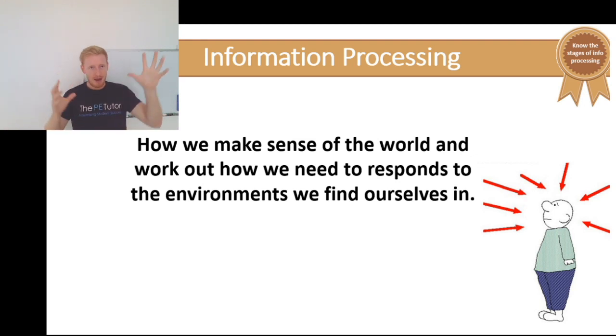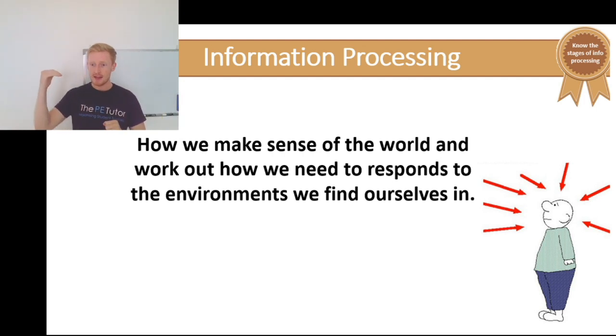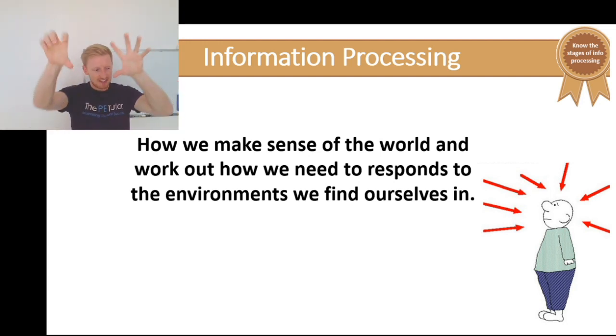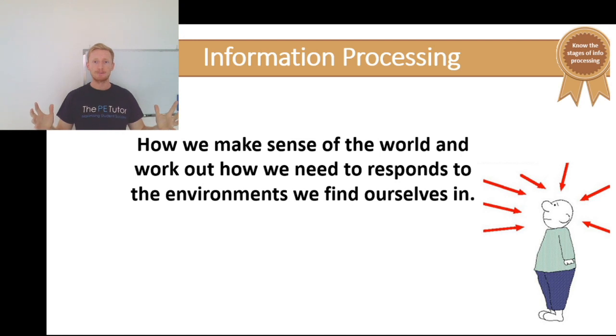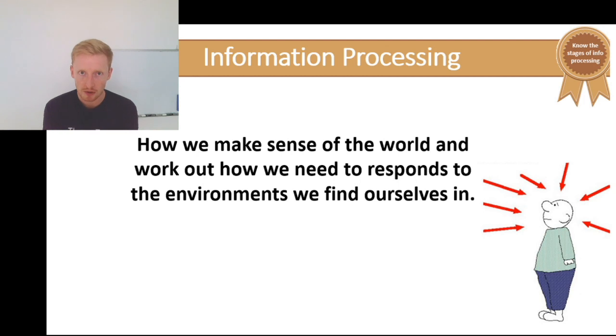These impairments or differences from normal mean that even though they're in the same place, the same world, how they are able to interact with the world is completely different because of how their brain picks up on the signals and information coming into them, and they build this image inside their brain of what's currently going on. So information processing is how we make sense of the world so that we can then make decisions on how to respond to the world.